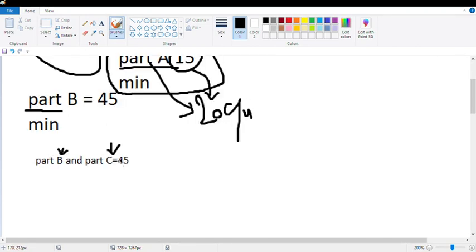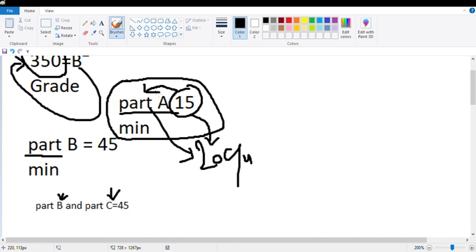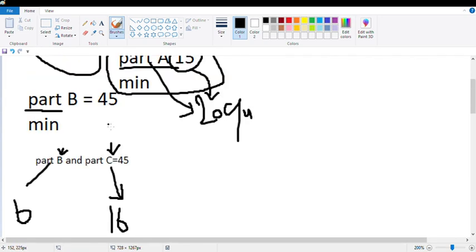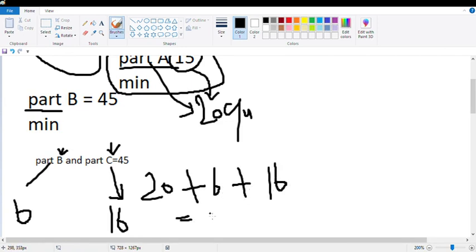Reading part A includes 20 questions, reading part B includes 6 questions, and reading part C includes 16 questions. So in total you have 20 plus 6 plus 16, which is equal to 42.